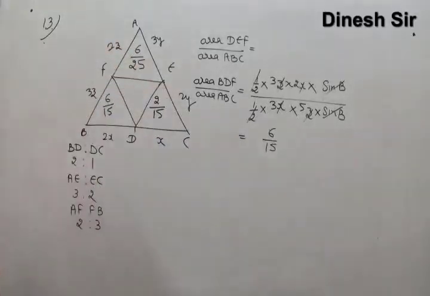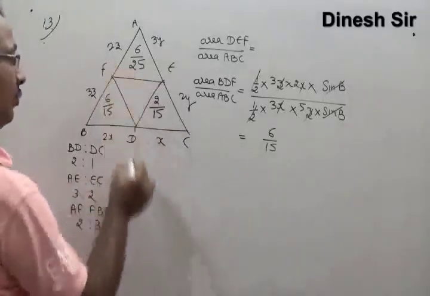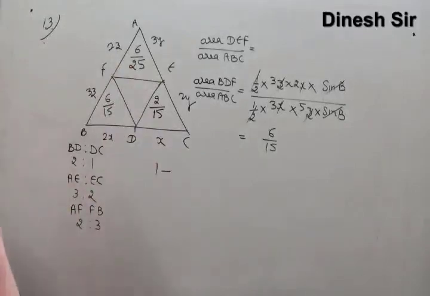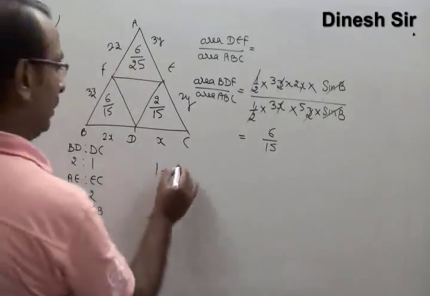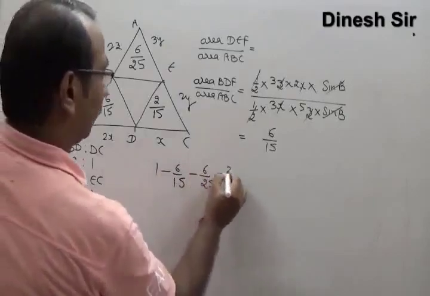Now, we know the total area, the sum of all of them, ABC, is equal to 1. To find the area of DEF, I can say DEF is 1 minus 6 upon 15 minus 6 upon 25 minus 2 upon 15.